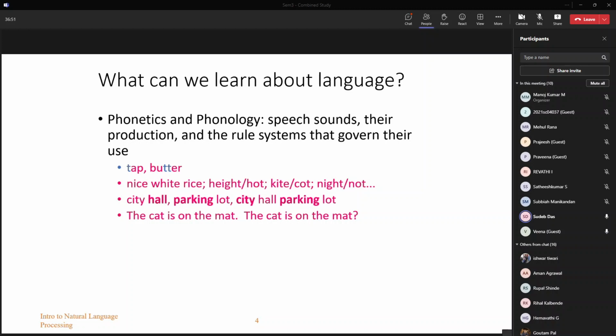Next, city is given priority rather than hall, and parking is a priority rather than lot. Now somebody can claim, no, I will keep city hall together as a priority, or I will keep hall as a priority, then parking also priority. Then how will you justify which one is right and wrong? That is the question. Does anyone know? Because anybody can say city hall I will take as a combined word, I will not keep it separate. That's just a clarification I want.